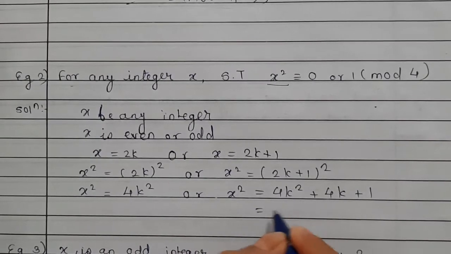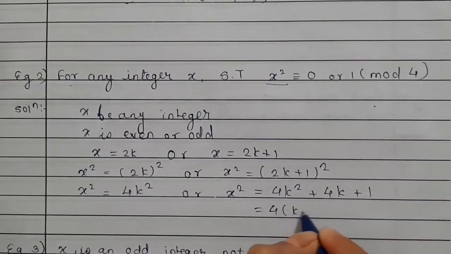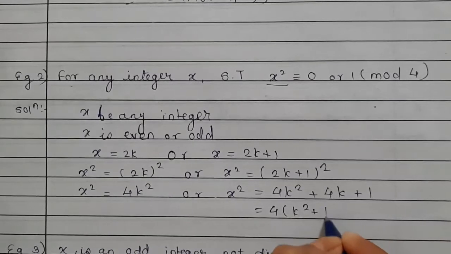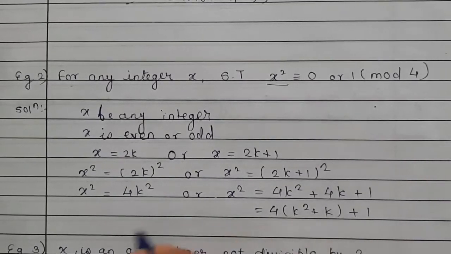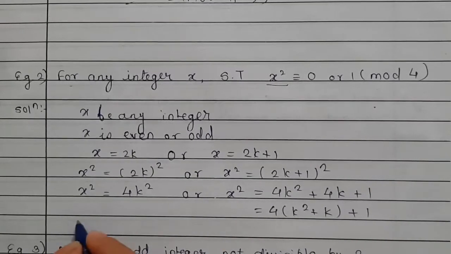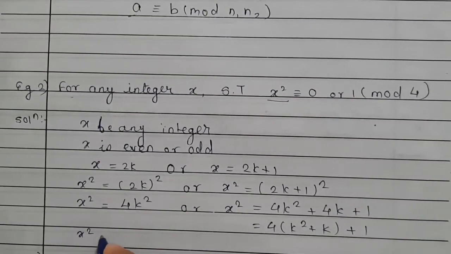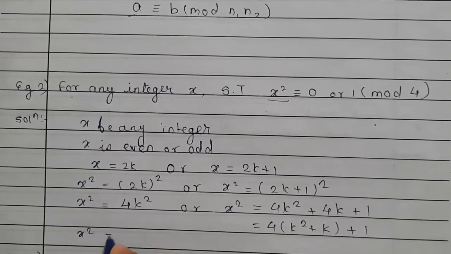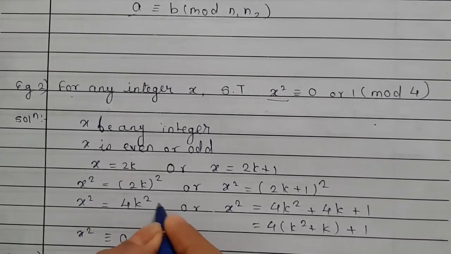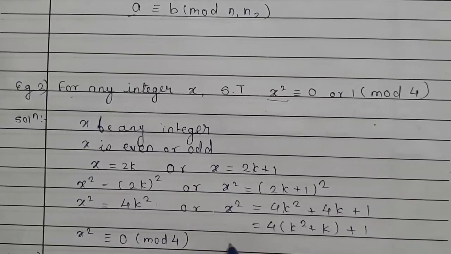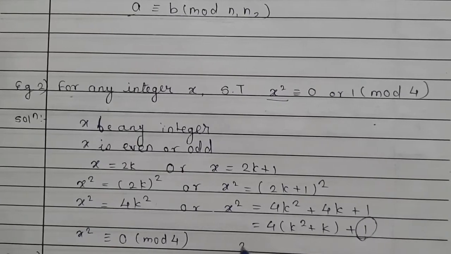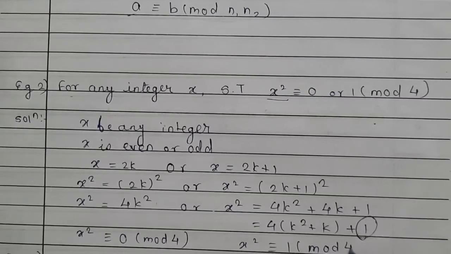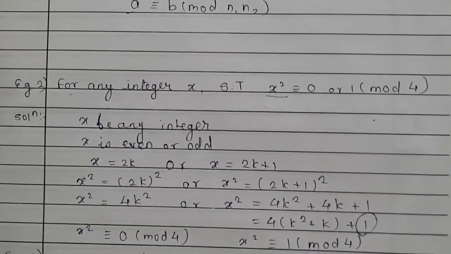Here we take 4 common, so we write 4 into (k square plus k) plus 1, and this can be written as x square is congruent to, here we have 0 remainder, so 0 mod 4, and here we have 1 remainder, so we write x square is congruent to 1 mod 4. Okay, this is how we prove this.